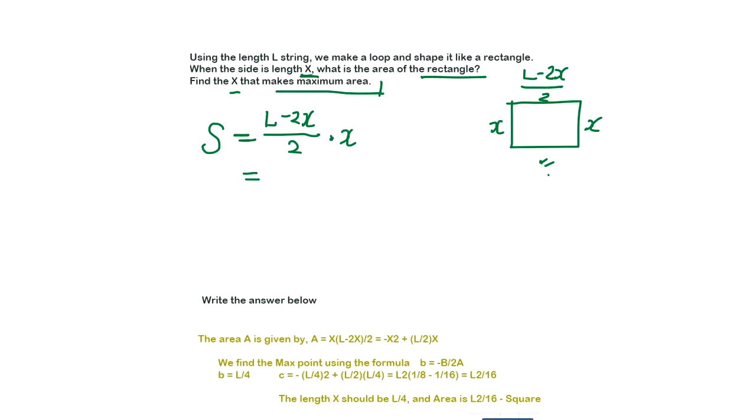Okay, so you expand this: L over 2 minus X, times X, gives L over 2 times X minus X squared.